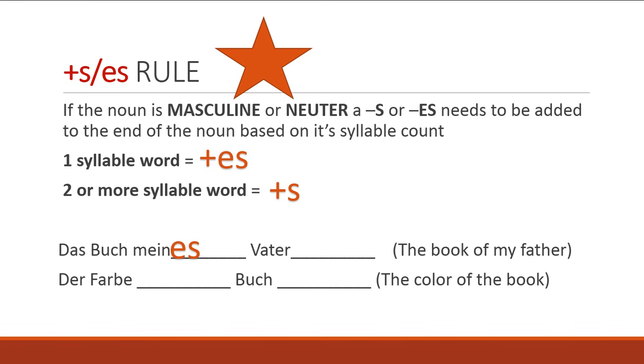Vater is two syllables, so two syllables gets an S. The color of the book, die Farbe des Buches. Buch is one syllable, so Buch gets ES.